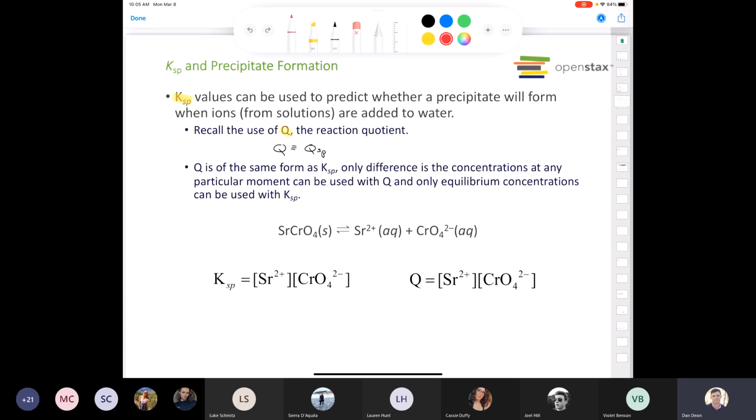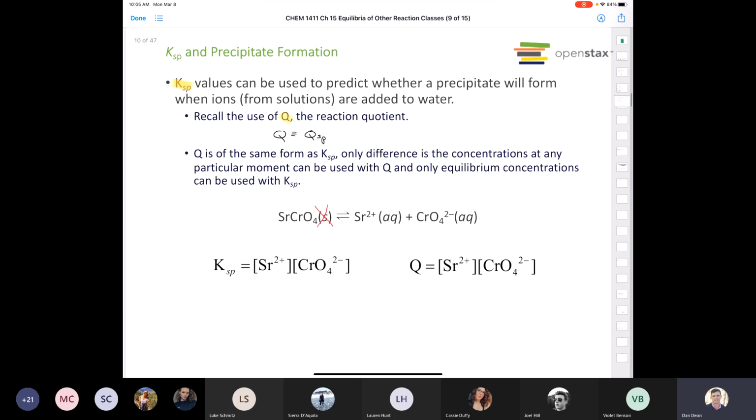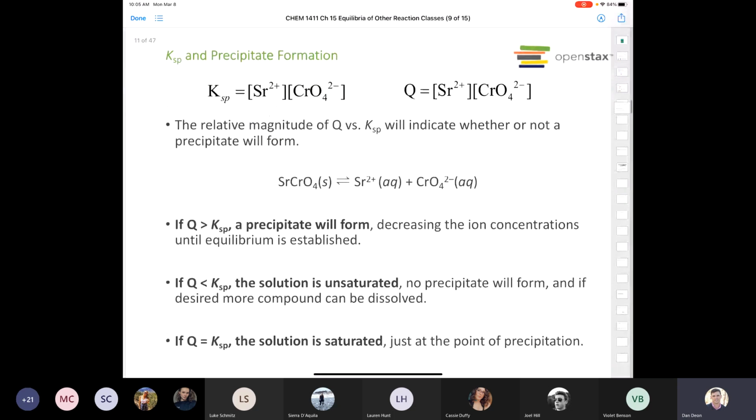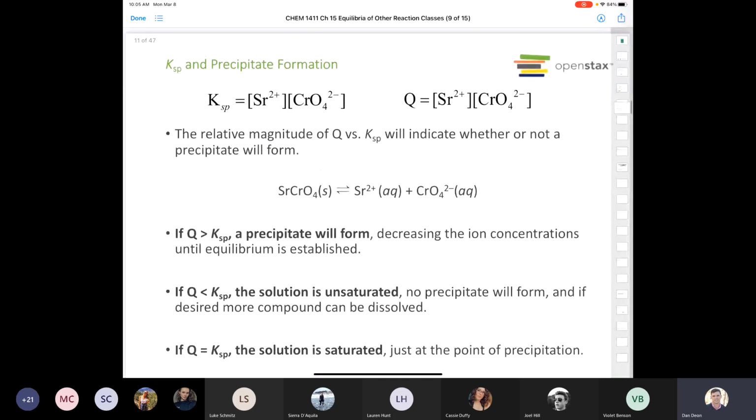Why do we leave the strontium chromate out? Because it's a solid. Solids are not included in equilibrium expressions. All right, only aqueous ions and things that are in the gaseous phase. So there we go. The relative magnitude of your Q and your K is going to tell you whether precipitate's going to form or not.